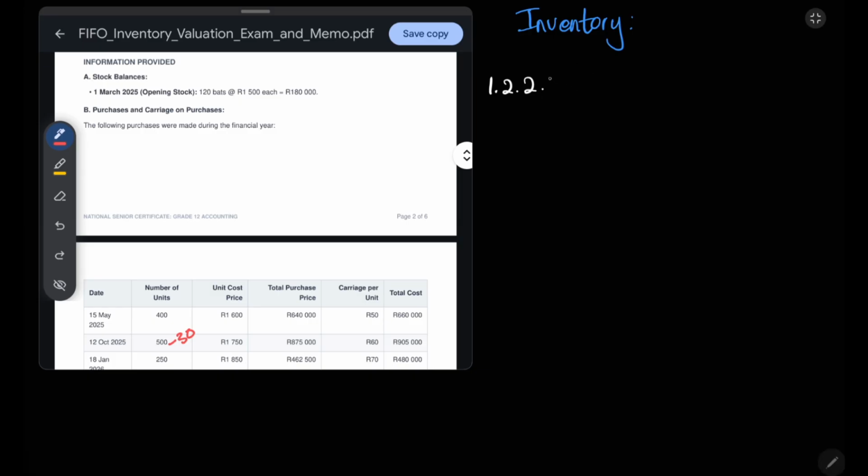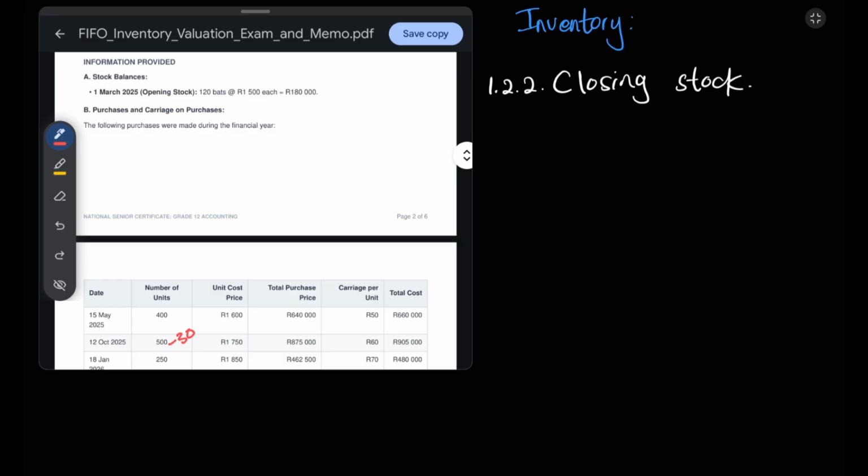Closing stock is basically the units that are remaining. Remember, when you buy inventory, you want to sell it so that you can make a profit. So closing stock is basically the value or the number of items that you still have, items that you haven't sold yet.